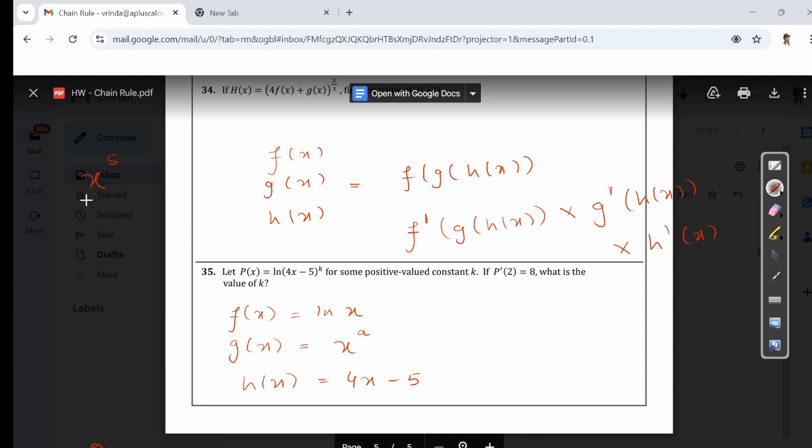What's the derivative of x raised to 5? The derivative of x raised to 5 is 5x to the power of 4. That's exactly what is happening here. And you have to find out the value of this number k.